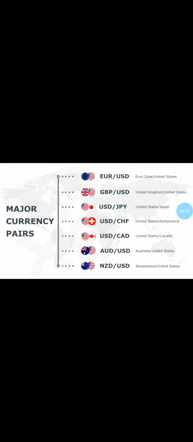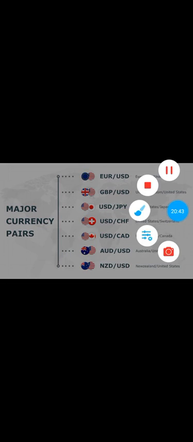Now let me show you guys the minor. These are the minors. The minors have the GBP JPY, EUR JPY, AUD JPY, and GBP AUD. Now these are a bunch of them.